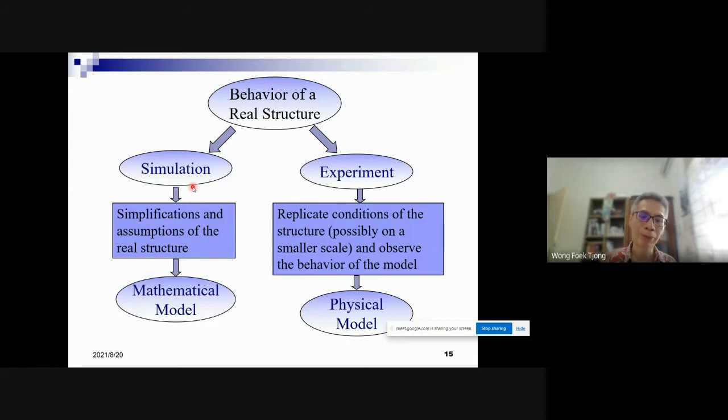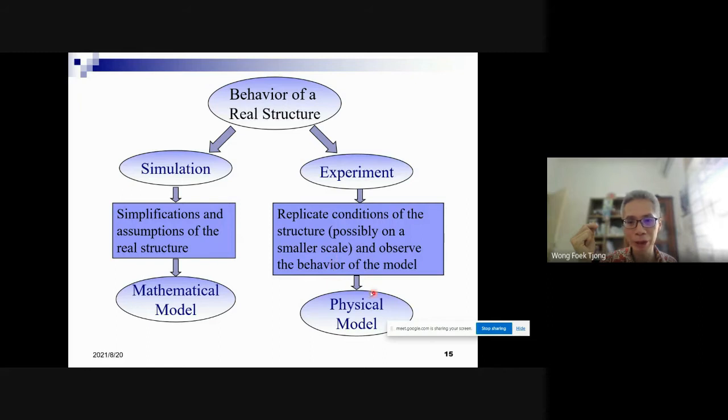Simulations are actually based on mathematical models. What is a mathematical model? A mathematical model is a simplification or idealization of the real structure. We have some assumptions behind a mathematical model. In an experiment, we try to replicate the condition of the structure, possibly on a small scale, and observe the behavior of the model.